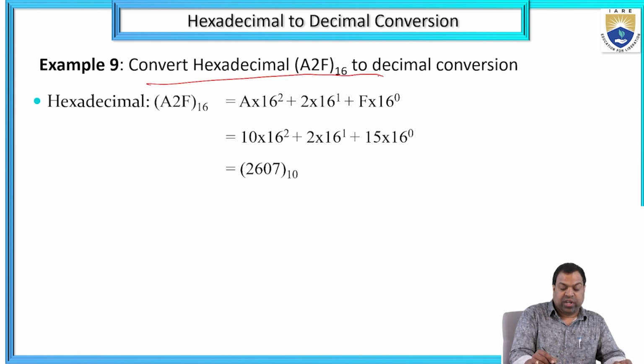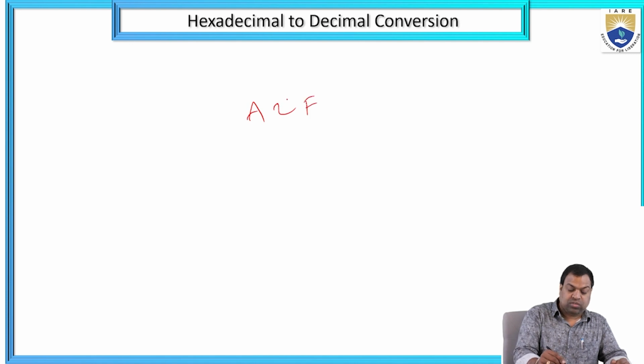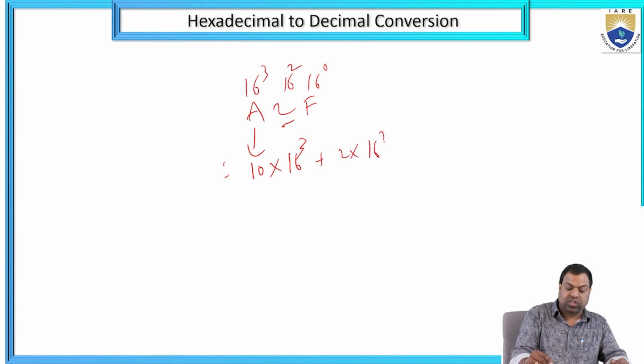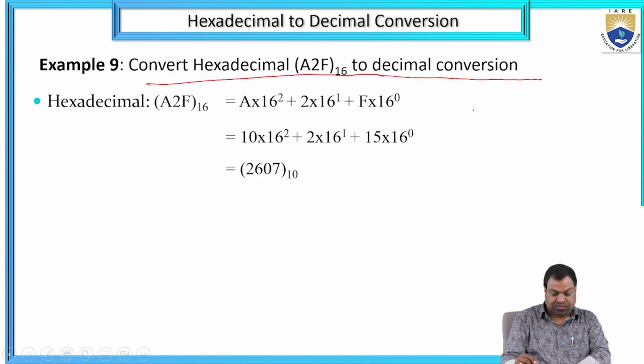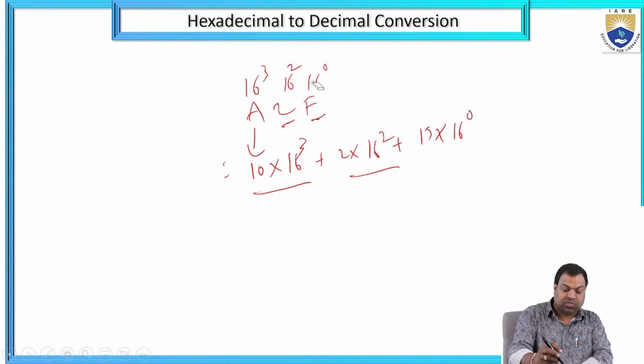Here is another conversion, A2F base 16 to decimal: 16 power 0, 16 power 1, 16 square.